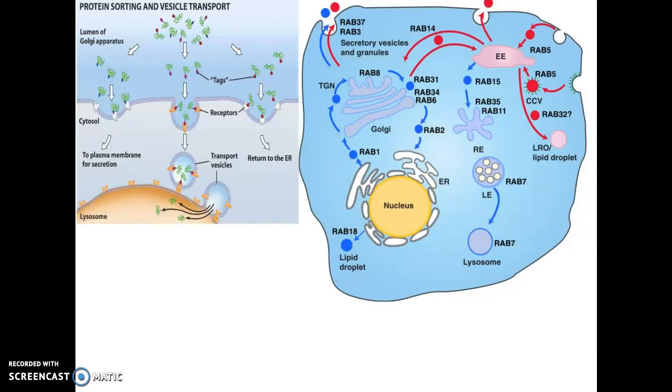All of this movement is going to be directed by these receptors, which bind to the cargo on the inside, so they know what they're holding, and the adapters on the outside, so they know where they're going.